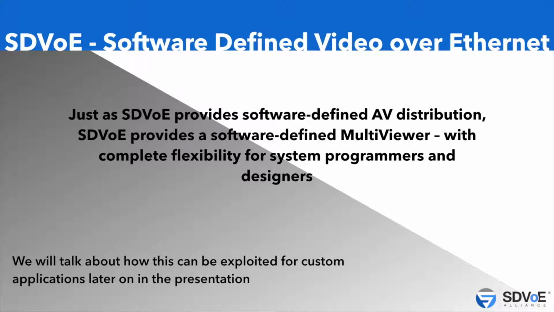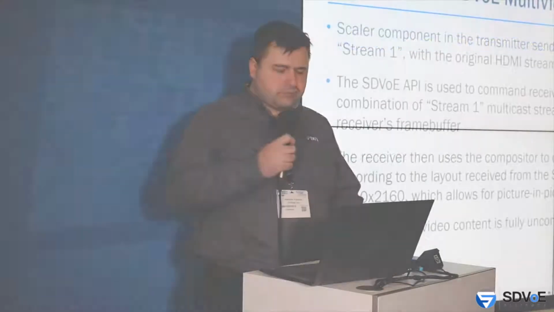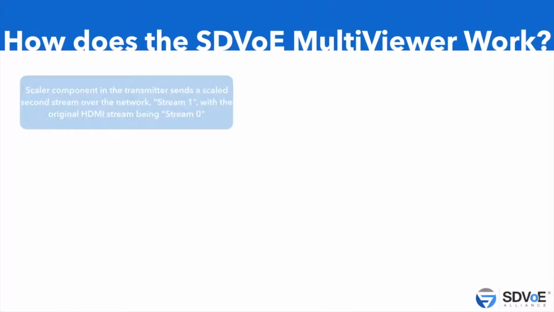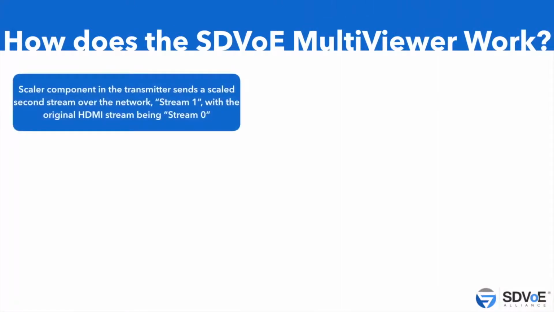So we'll talk a little bit about how the SDVoE MultiViewer works. What happens is the scaler component in the transmitter sends a second stream out over the network called stream 1, and this stream is scaled down from the original stream, which is stream 0.